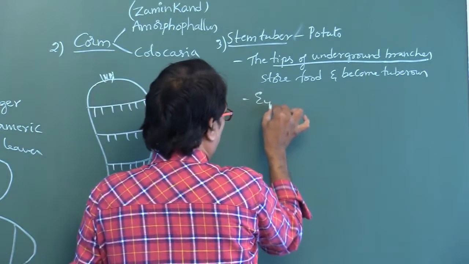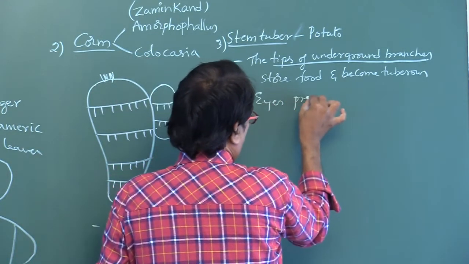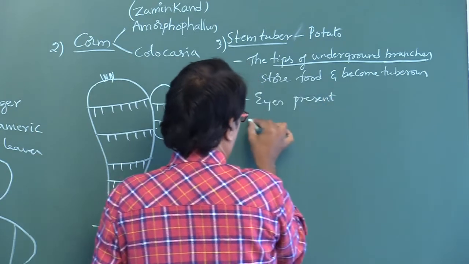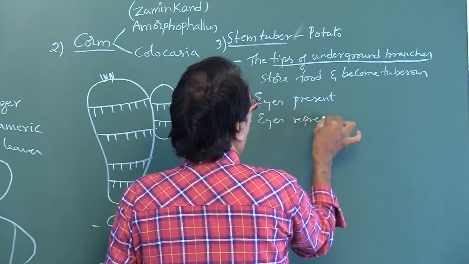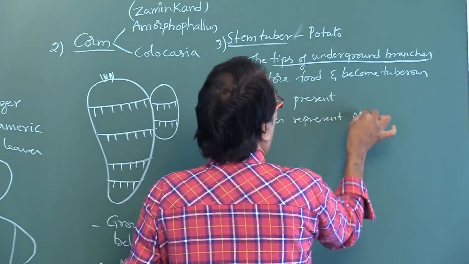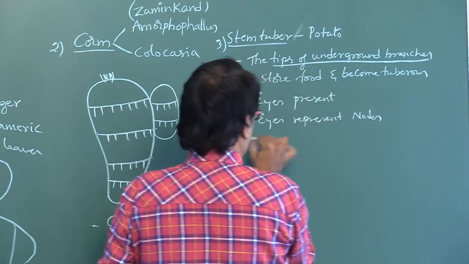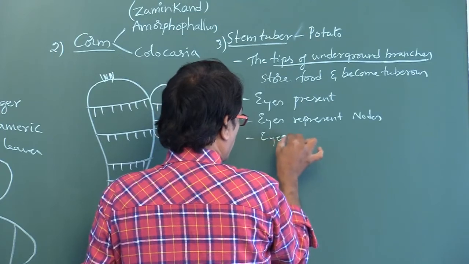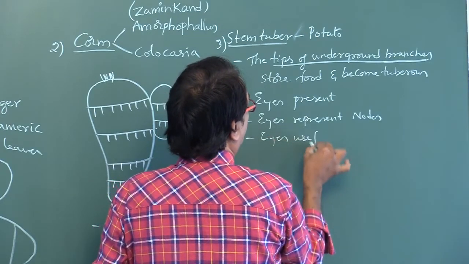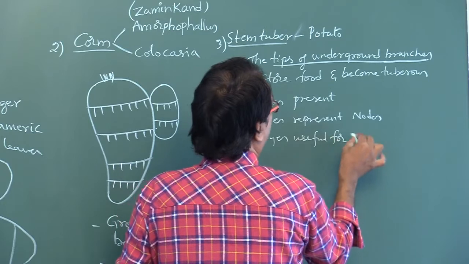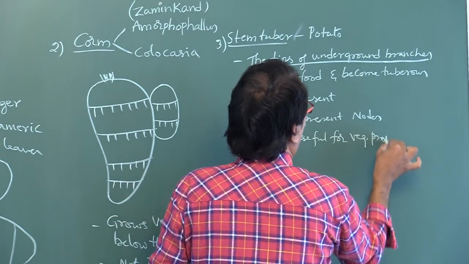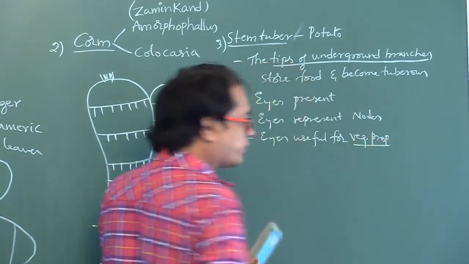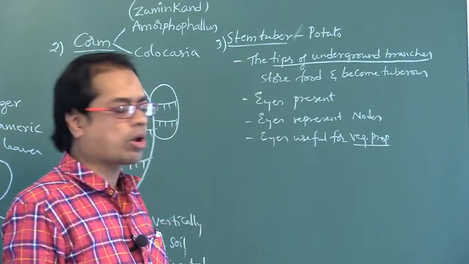Here, eyes are present, and these eyes represent nodes. These eyes are useful for vegetative propagation.